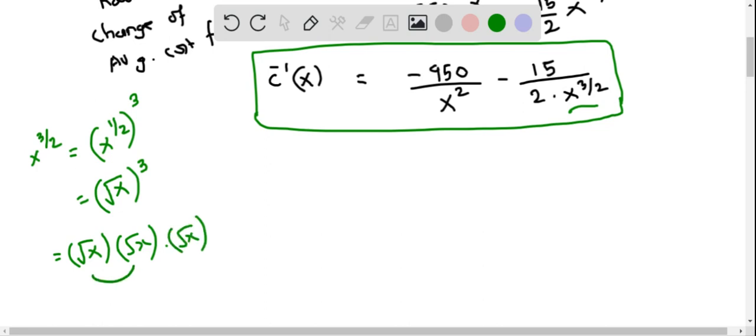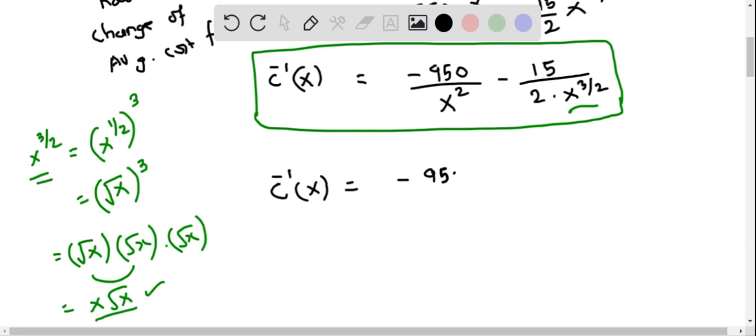Now root x times root x is x, and then we have root x. So x raised to the power of 3 by 2 basically is x times root x. I'm going to write that over here. So we have c bar prime of x equals negative 950 over x squared minus 15 by 2 times x root x.